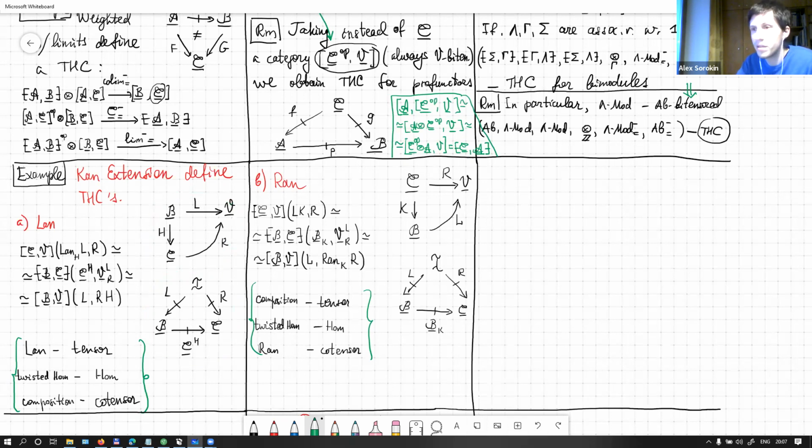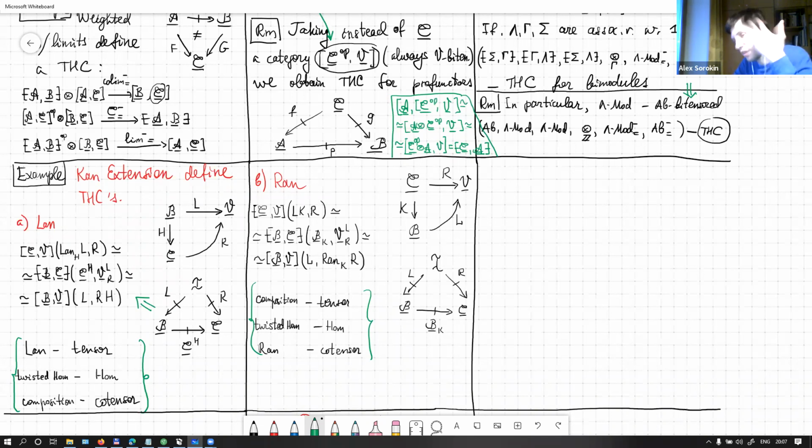So we have again a triangle of profunctors, and this triangle of profunctors precisely gives me this triple adjunction, because three profunctors that can be made in a triangle give me Tensor-Hom-Cotensor situation.